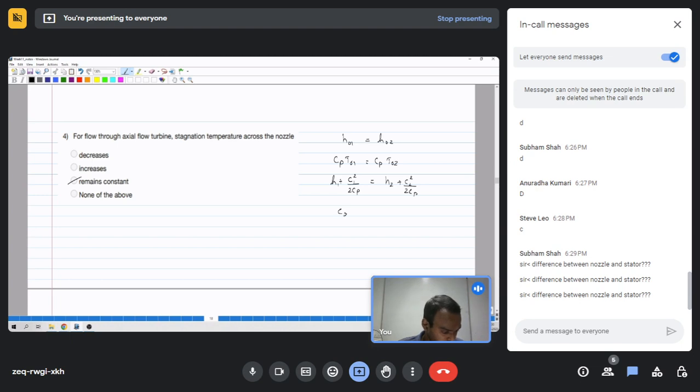Here C2 will be greater than C1 for nozzle. H1 will be greater than H2.